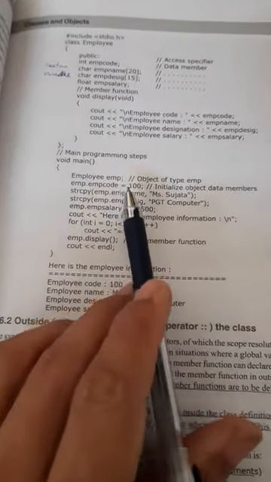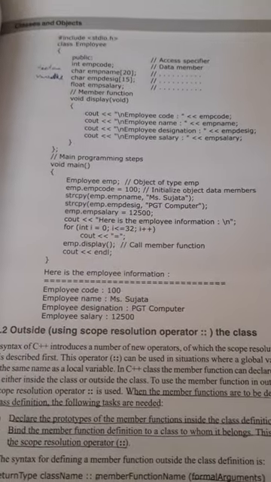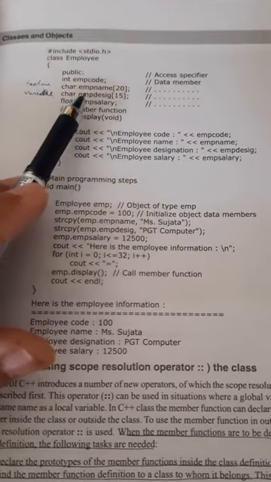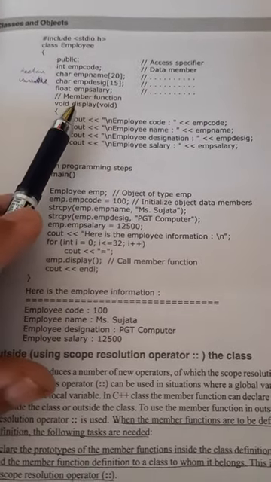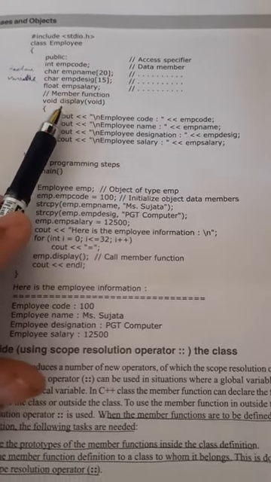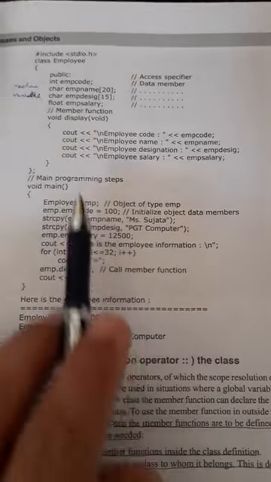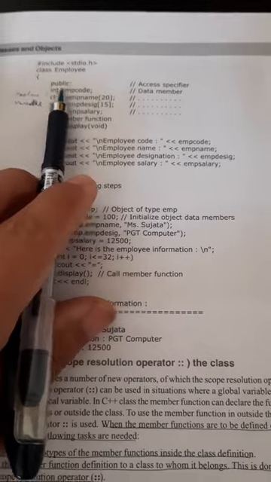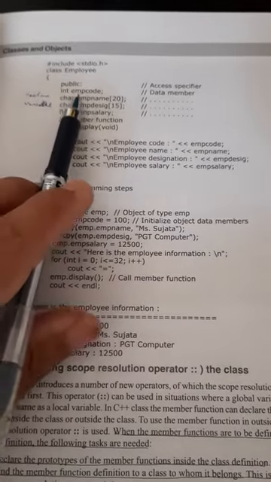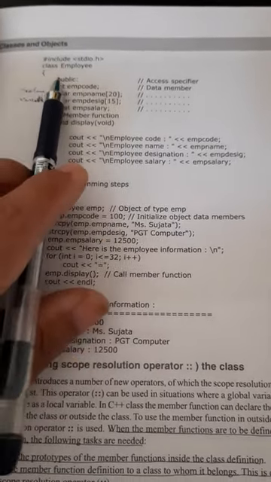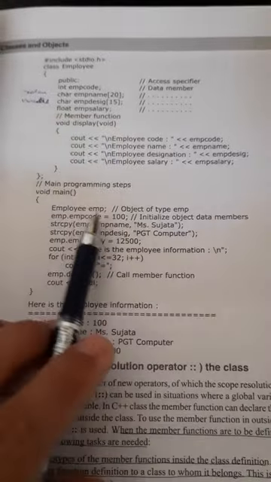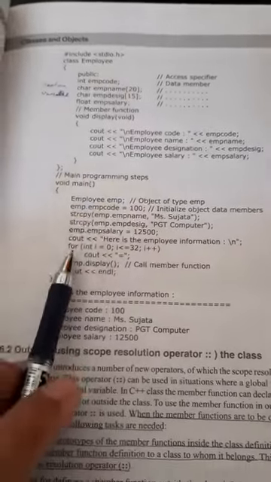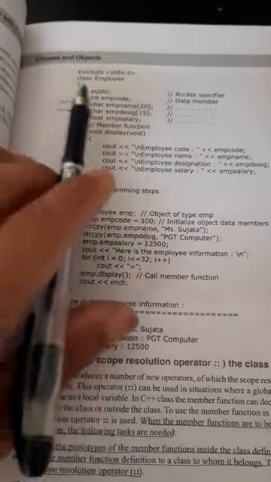Now, to access the data members or the member functions here, you can see that the access specifier is made public. Public means these data members and member functions are accessible by the object or any classes declared within this program.